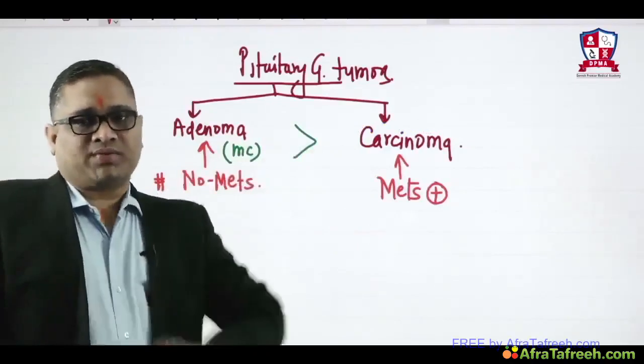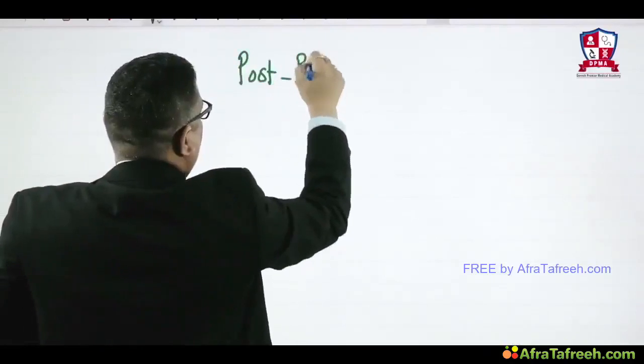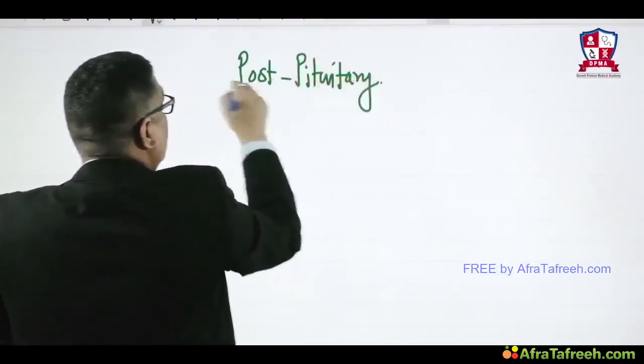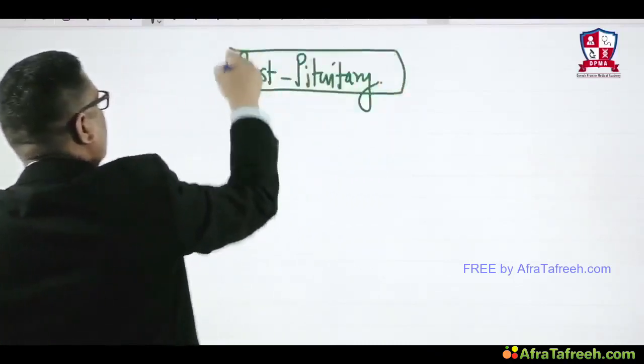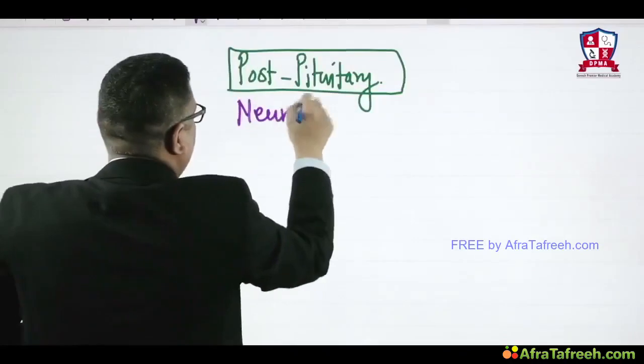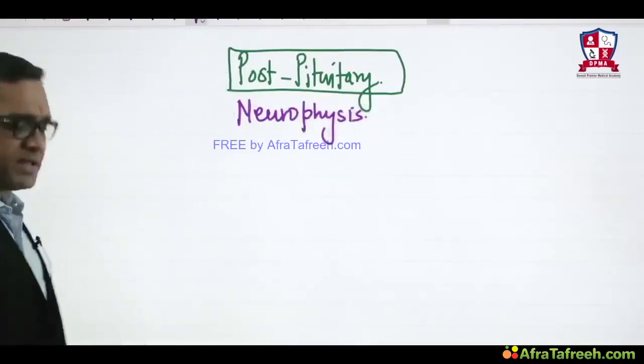So these points we have to keep in mind. Now we will see about the posterior lobe of the pituitary gland, which is also known as neurophysis, where Herring bodies will be there.